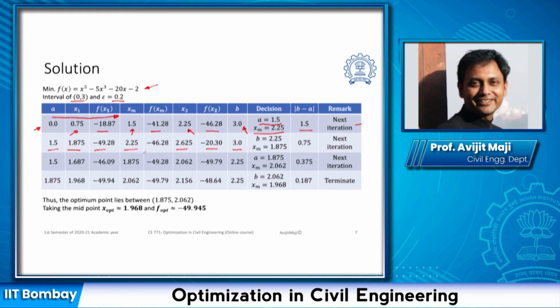The function value at the middle point was already known to us, and as we compare the three function values, we can clearly see that the function values are improving if we are moving in this direction.